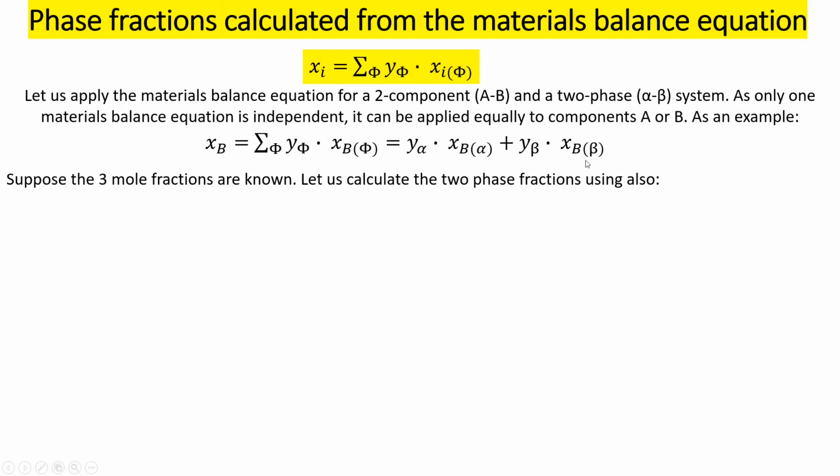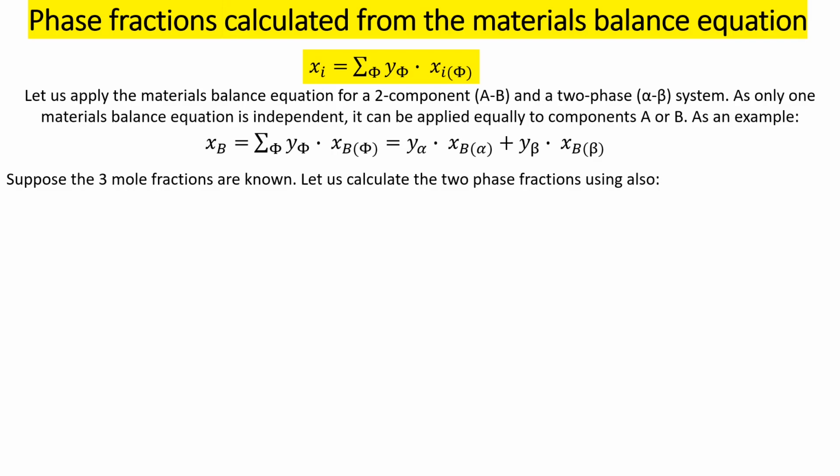Now these two are not that easy to know. This can be measured after the experiment if I take a sample from the two phases, or it can be calculated. During this course we will learn how to calculate them. But suppose these are known. And now the task is we should find the equilibrium phase fractions y alpha and y beta.